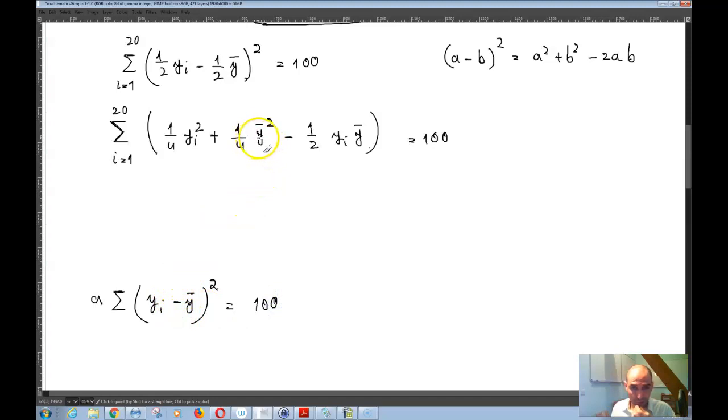So the way that you can do that, you see that a minus b whole squared is equal to a squared plus b squared minus 2ab.